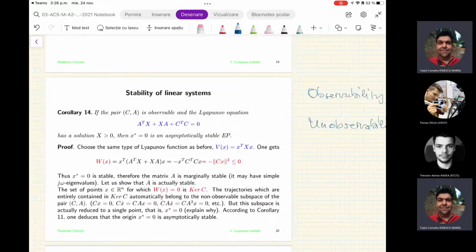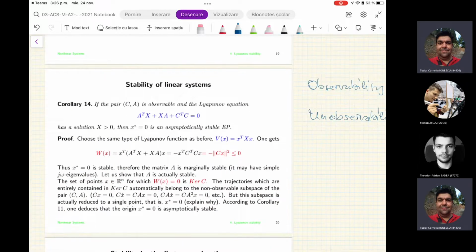So if the pair (C, A) is observable and the Lyapunov equation, where you have C transpose C, has a solution X which is positive definite, then the origin is an asymptotically stable equilibrium point.